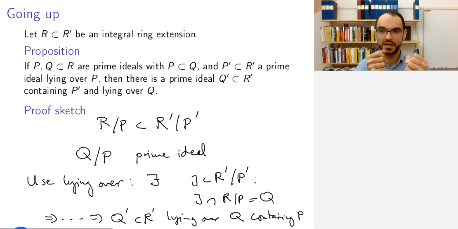And then suddenly the property you want to prove is exactly the lying over property that you have proved. Of course, to do all these mechanisms, there are details to be checked that I will skip. But this theorem also holds.